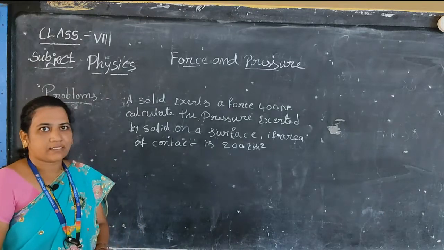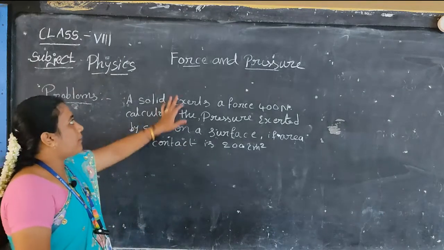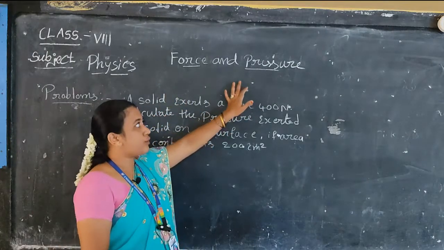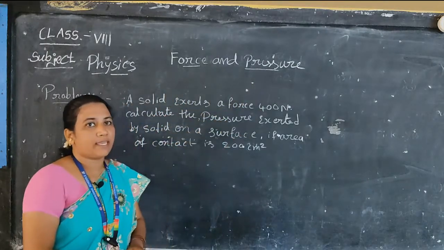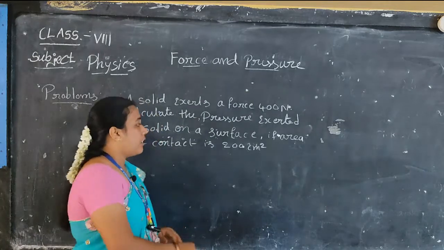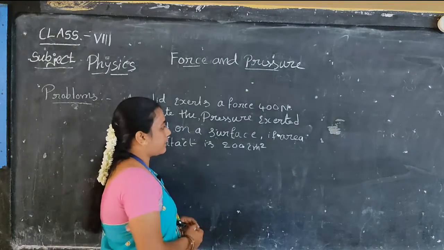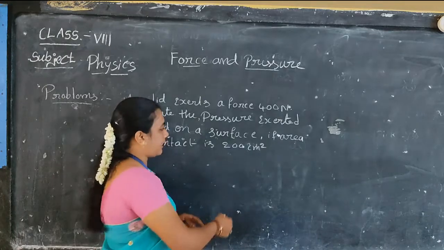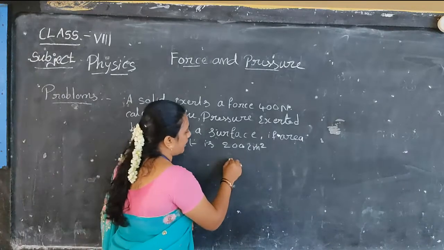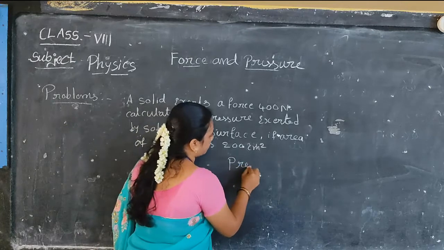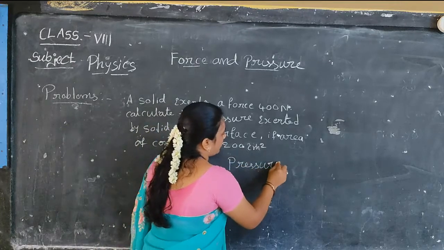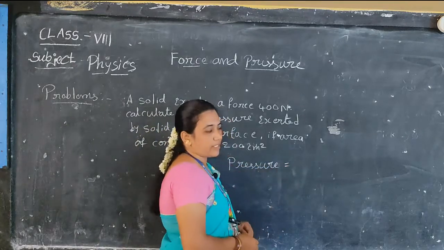In the previous class we discussed force and pressure. There we discussed what is meant by pressure and how liquids exert pressure. I explained with activities. Coming to the formula of pressure, what formula can we write for pressure?